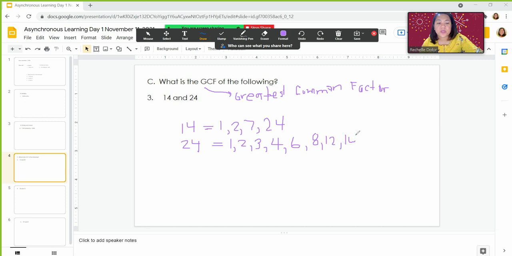As you can see, the common factors are 1 and 2, but the greatest common factor is 2. So the GCF is equal to 2.